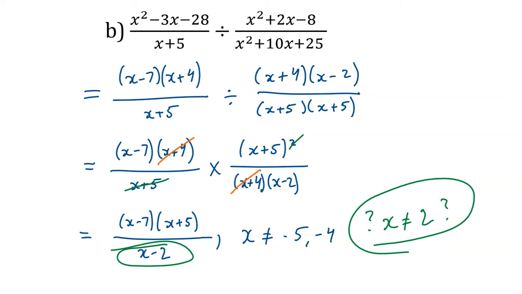And if I tried to plug 2 into the original, it would be the same thing, because I would be dividing. See how I'm dividing here? So I would be dividing by 0, and it would give me undefined. So these two expressions are actually the same when x is 2. So that's why I would say that restriction is not required.